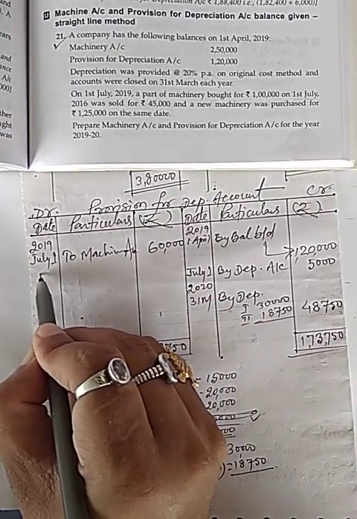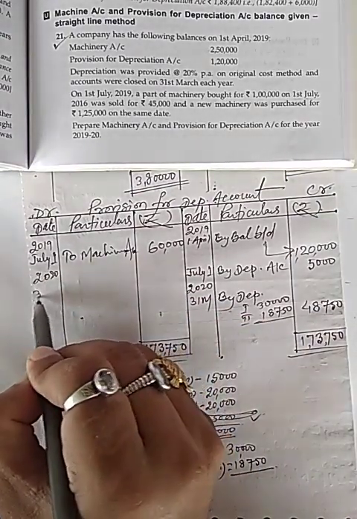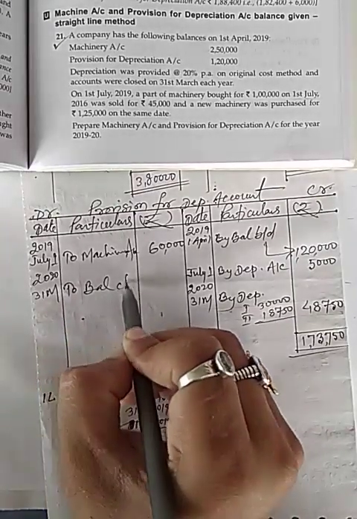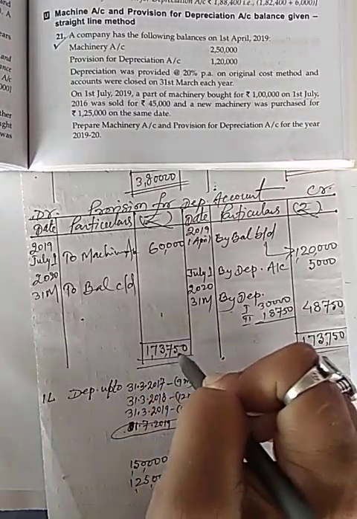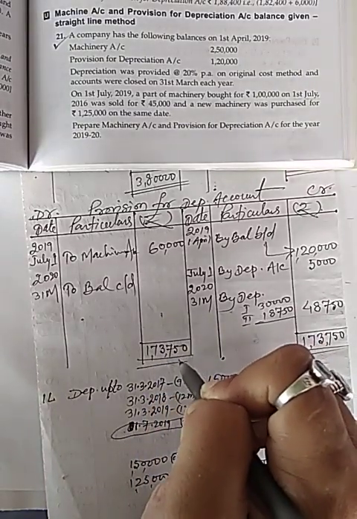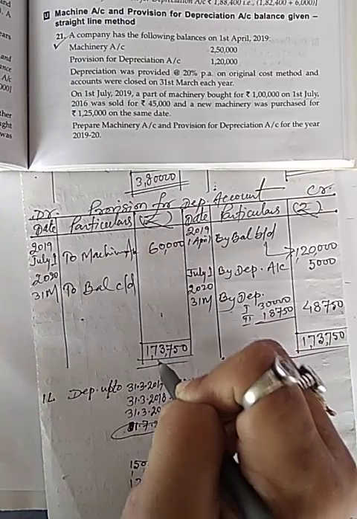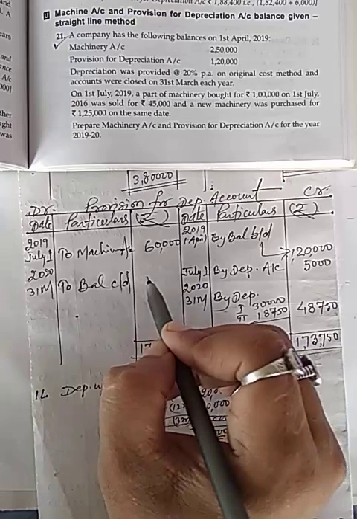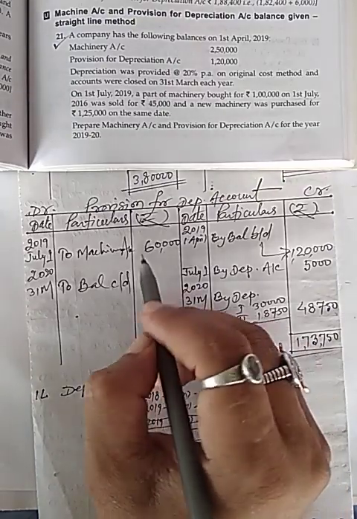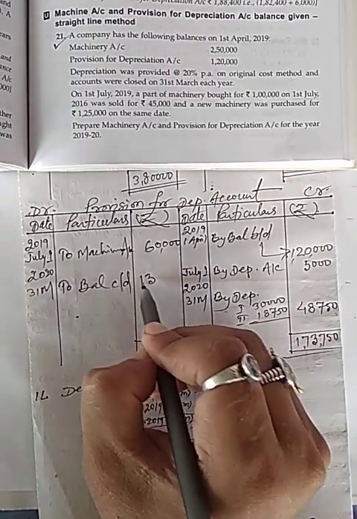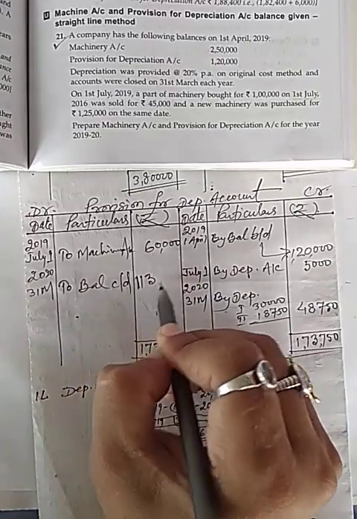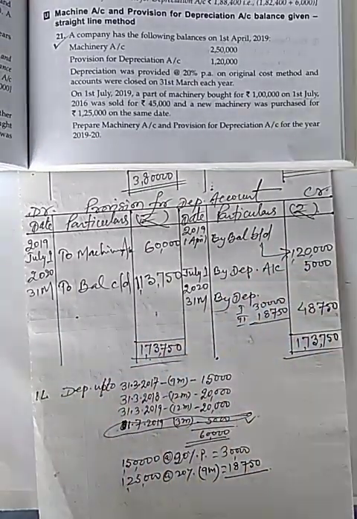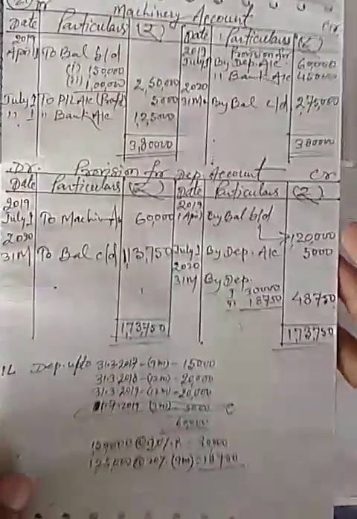And on 2020 31st March, to balance c/d will be 1,73,750 minus 60,000. So it will remain 1,13,750. So this is the solution of this question.